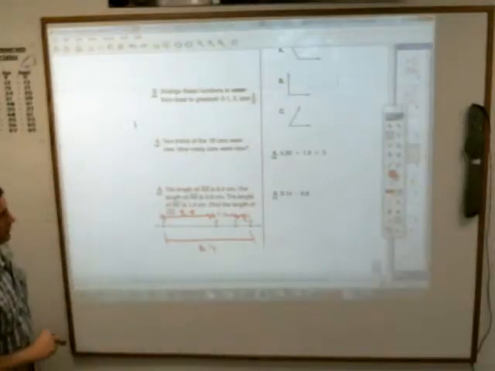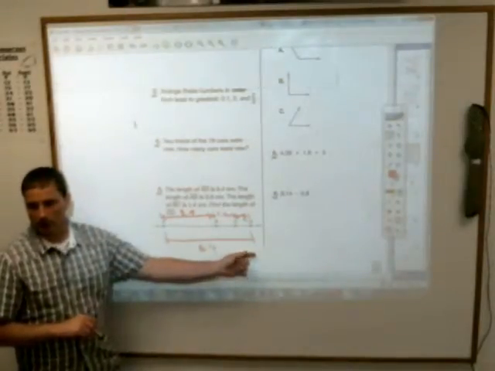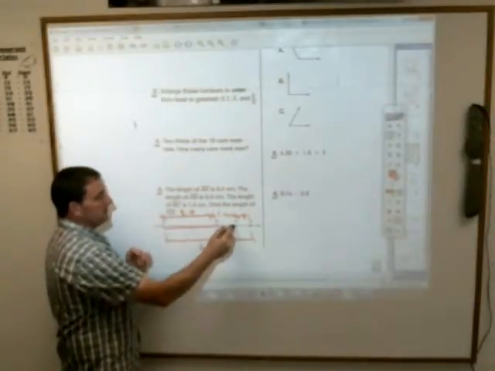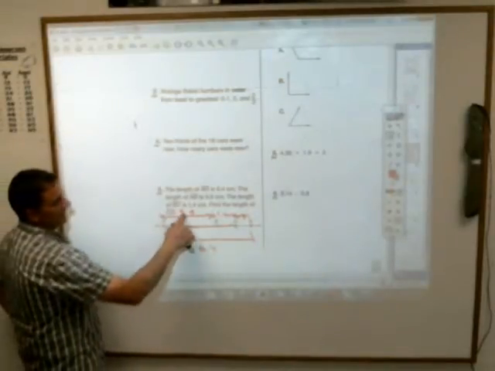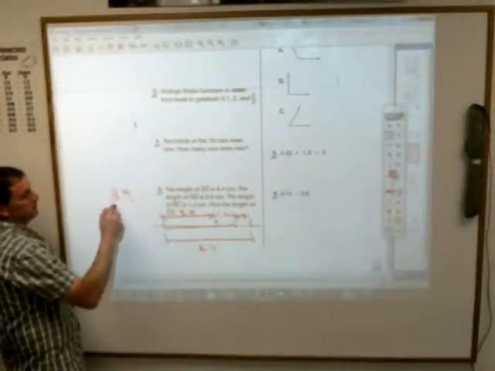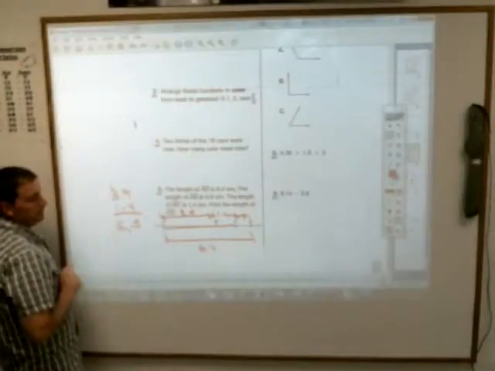Well, Grace, how would you go about doing that? You know the whole thing is 6.4. If you take away this big chunk from A to C, you're going to be left with that. Okay, so I would add the 3.9 plus the 1.4 to get that whole distance, which gives you a 5.3.